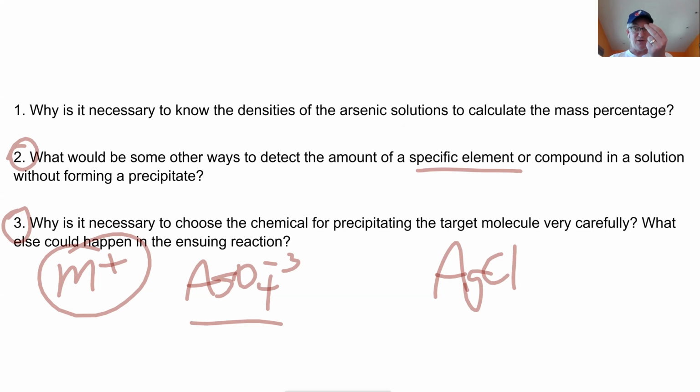But what you try to do is find something that will generally precipitate as few other things as possible. It's basically impossible to find something that won't precipitate anything else. But also, you don't want a metal that's going to precipitate every other ion present in the solution. You want to be as selective as possible. So yeah, that's why that's necessary.